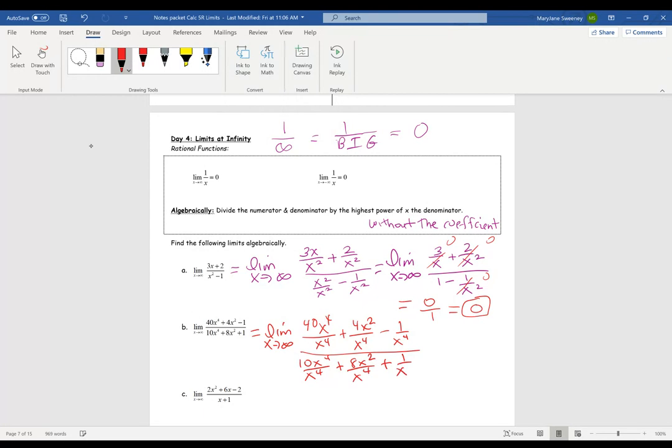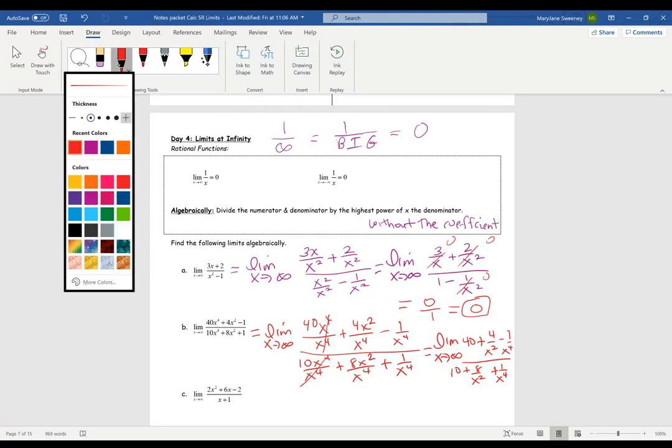and the plus 1. Okay, so the limit as x approaches infinity, that'll be 40 plus 4 over x squared minus 1 over x to the 4th, and then 10 plus 8 over x squared plus 1 over x to the 4th.